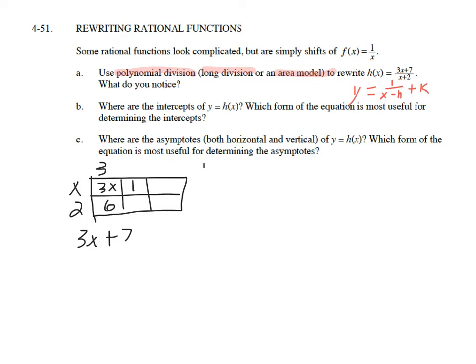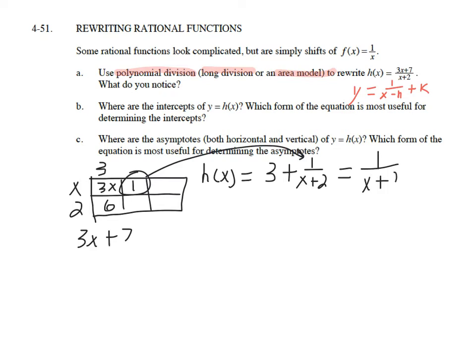So my equation, h of x, is really 3 plus, I have a remainder of 1, over x plus 2. Or some of you might rather look at it as 1 over x plus 2 plus 3. And that's exactly the same equation that we had on the previous page.